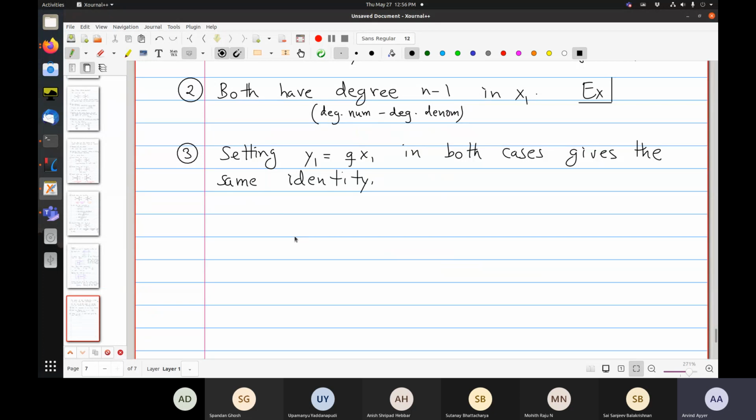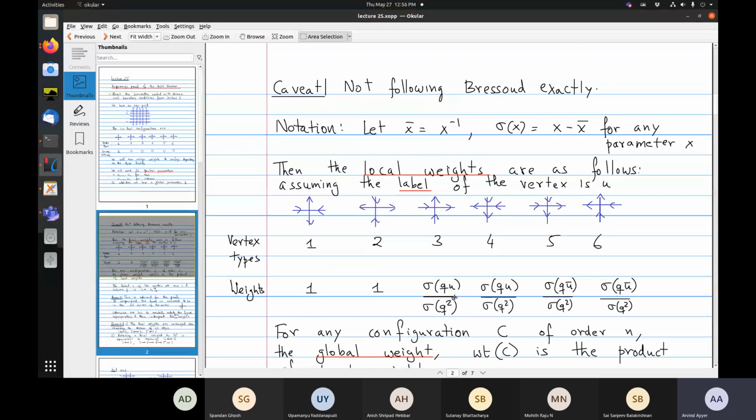So for Zn, okay, so for Zn, what happens? So let's go to the weights. So when you set y1 equals qx1, you notice that, let me go slowly, the top vertex, the 1,1 vertex, can either be of this form or of this form, 1 or 3.